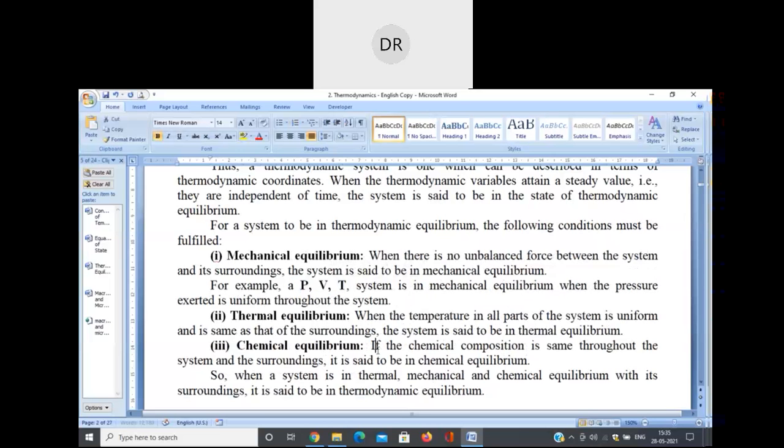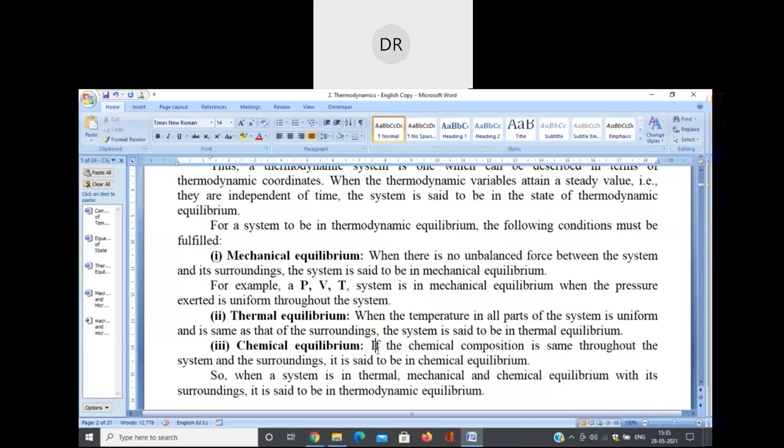Next, thermal equilibrium. In thermodynamics, thermo is related to heat. Here, thermal means it belongs to a single quantity, temperature. When you say thermodynamics, it is a large concept.